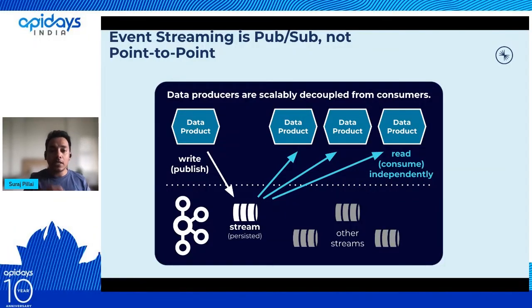It just disappears. But that is not the property which we want associated with this kind of a platform. The order data should also be consumable by an inventory domain. The order data should also be consumable by a billing domain at whatever rate they may find best for them, right? For example, the billing domain may decide, okay, I want to consume this data only, let's say, once a day, right? So that should be possible.